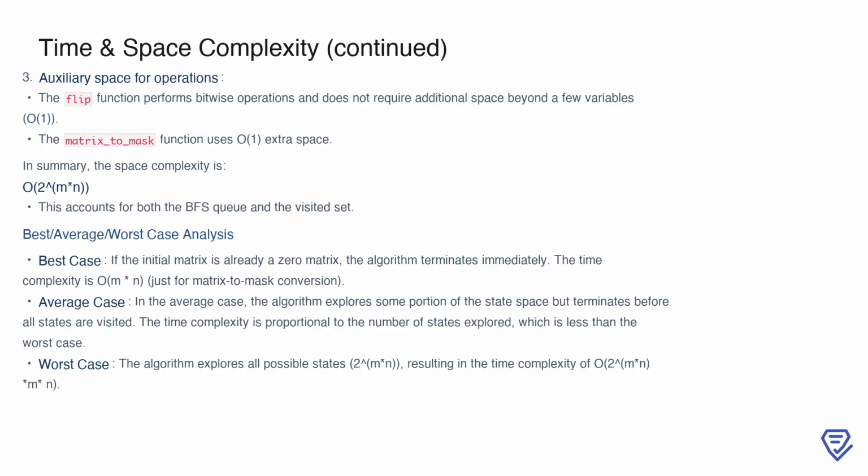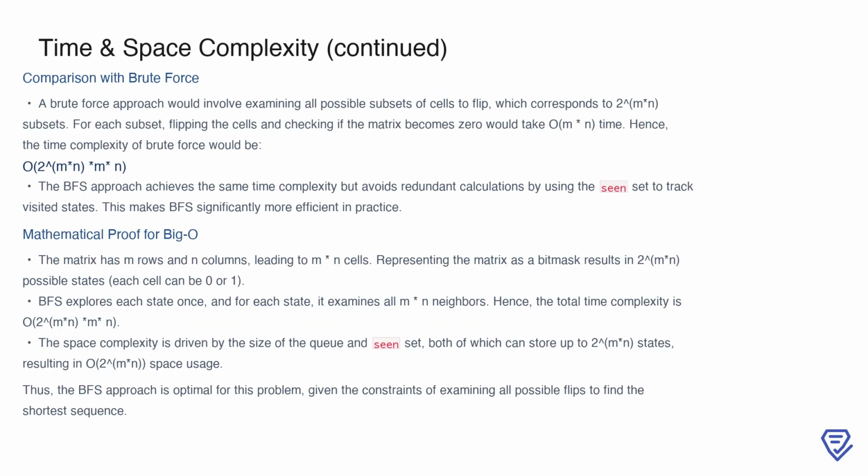In the worst case, all possible states are explored, leading to the full complexity of 2^(m*n) * m*n. When comparing this approach to brute force, a brute force solution would involve examining all possible subsets of cells to flip, which corresponds to 2^(m*n) subsets.